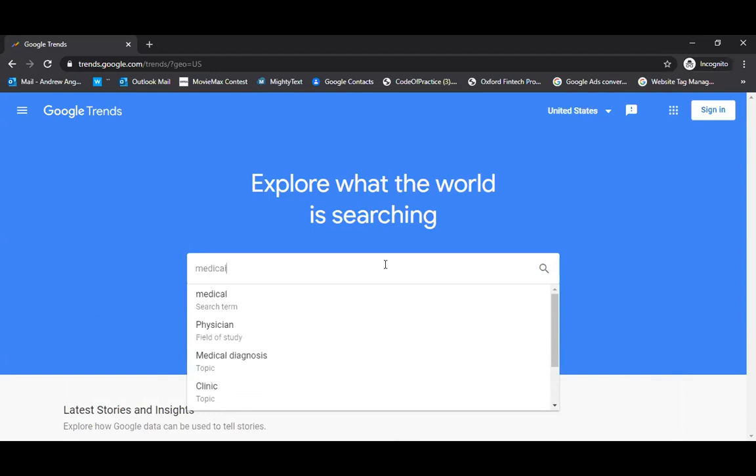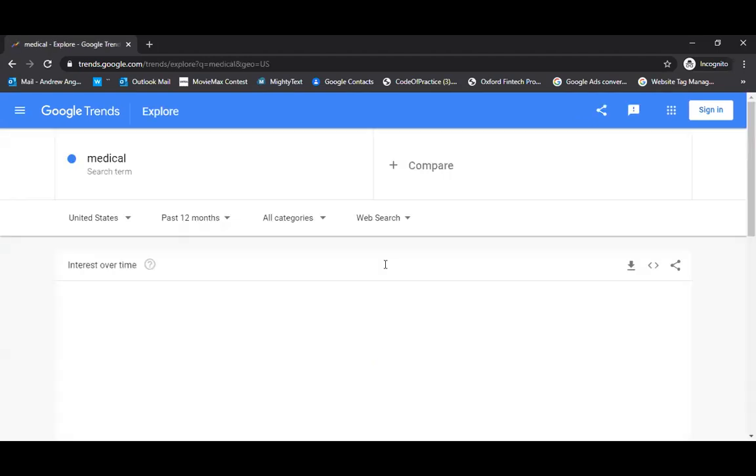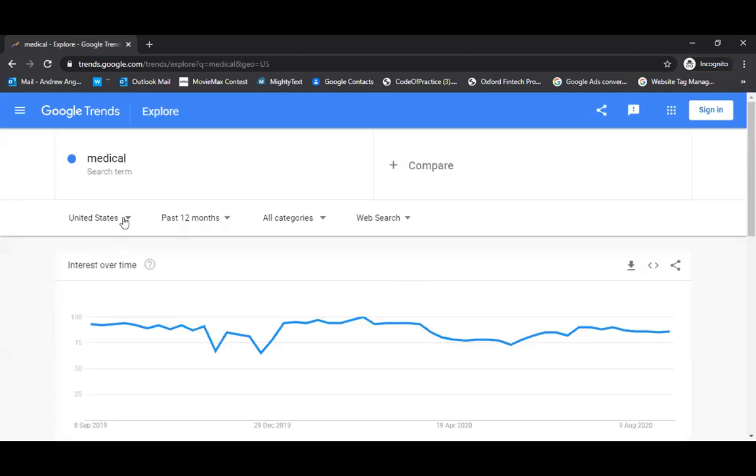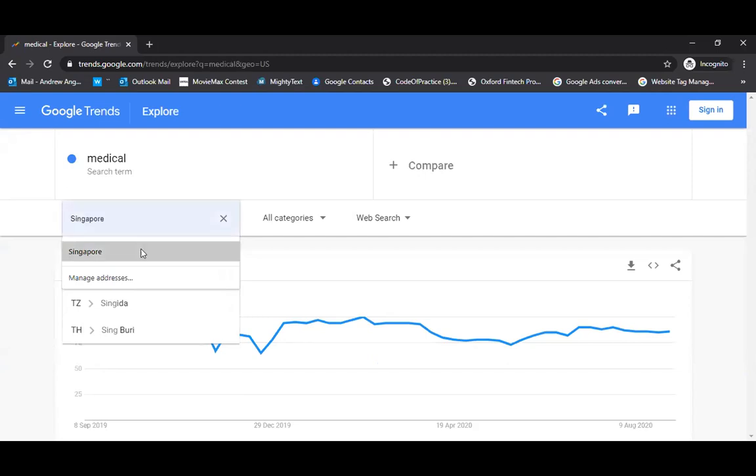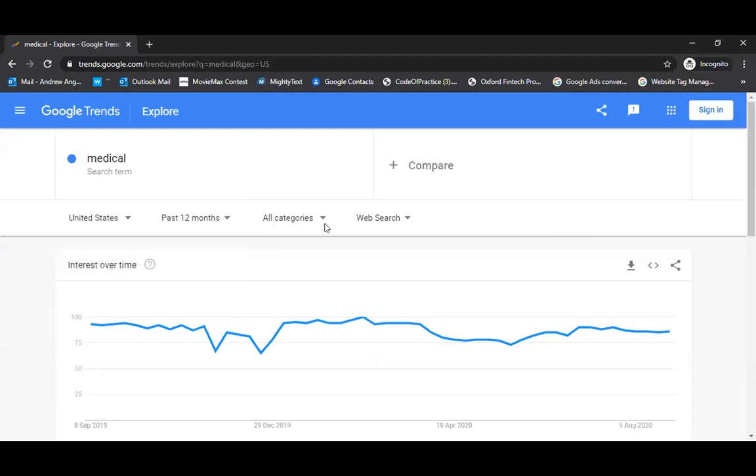Let's say you're in medical or pharmaceutical, you can use it to search in your country, Singapore, or the country where you are going to do your marketing or selling.